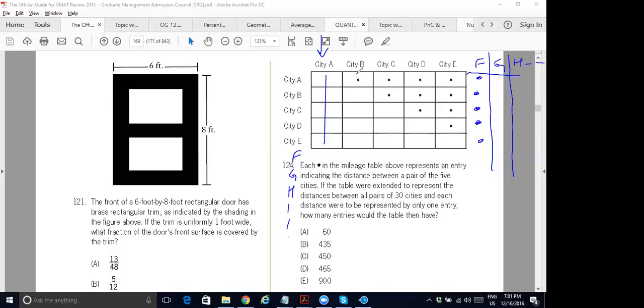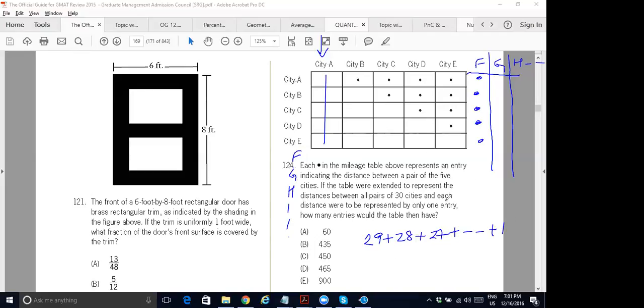Starting with B, the row A will have dots, so except one column, 29 columns will have a dot. For B, there will be no dots in 2 columns. So 29 plus 28 plus 27 till 1.